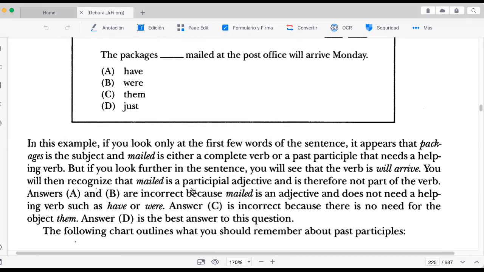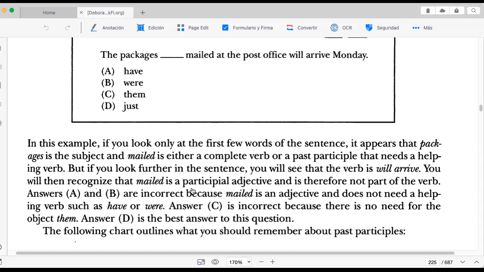In this example, if you look only at the first few words of the sentence, it appears that package is the subject and mail is either a complete verb or a past participle that needs a helping verb. But if you look further in the sentence, you will see that the verb is will arrive. You will then recognize that mail is a participle adjective and is therefore not part of the verb.